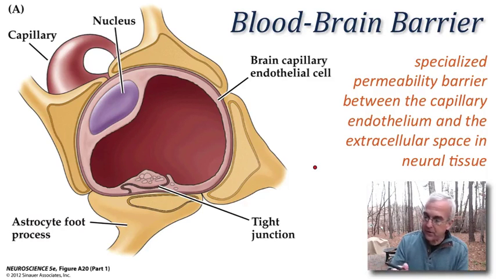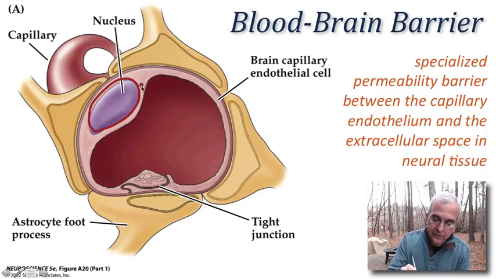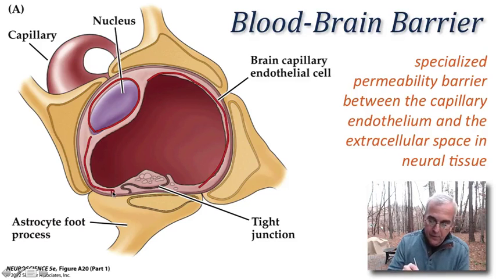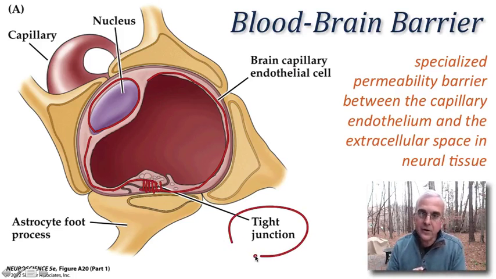So, for example, here is the nucleus of a capillary endothelial cell, which is otherwise wrapping around, forming a capillary wall. And where the processes of this cell overlap, we find the histological feature known as tight junction. So tight junctions seal up the spaces between these overlapping regions of this endothelial cell as it forms the capillary.